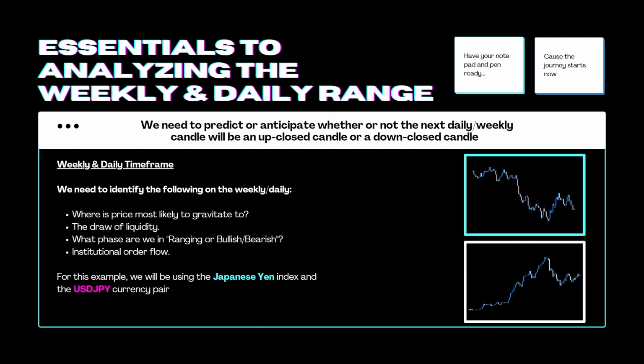And that is okay, guys, because as long as we can pinpoint certain key things within this module, we'll be able to catch those good trades here and there. So what we are trying to do here is predict the likelihood of the daily or weekly candle being an up close candle or down close candle, and seek that draw on liquidity.